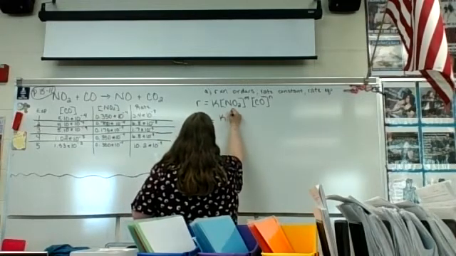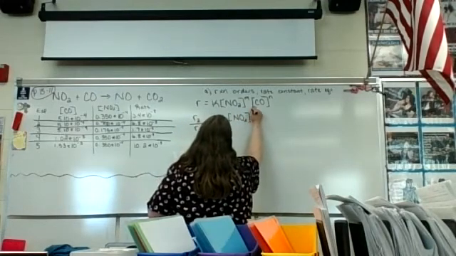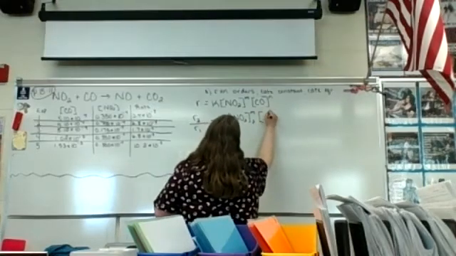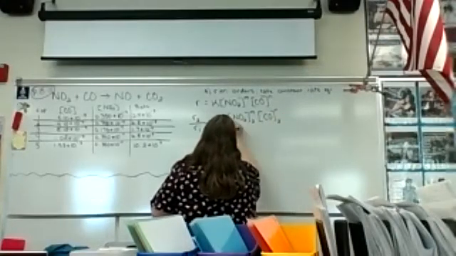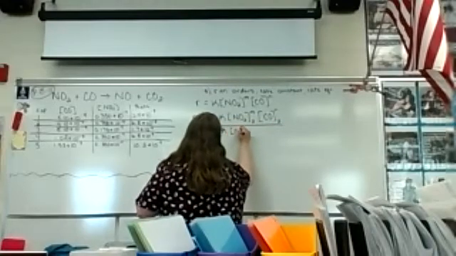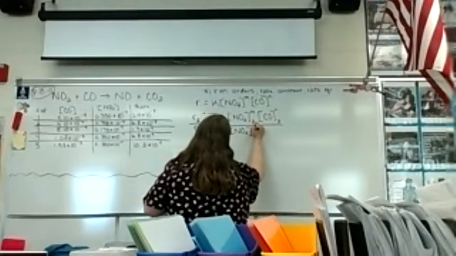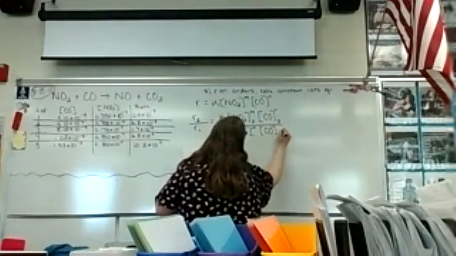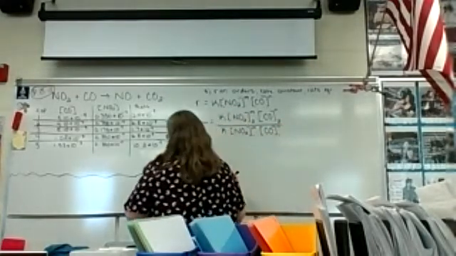So that would be K times the concentration of NO2 raised to the reaction order, of experiment 2, times the concentration of carbon monoxide raised to the reaction order for experiment 2, over K times the concentration of NO2 for the first experiment raised to the reaction order, times the concentration of carbon monoxide for experiment 1 raised to its reaction order.